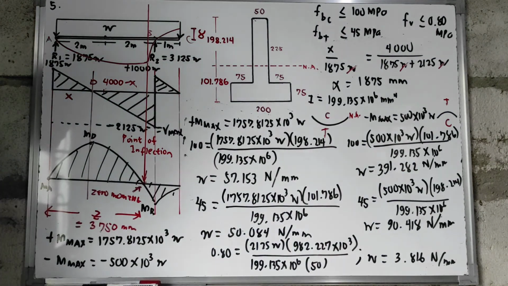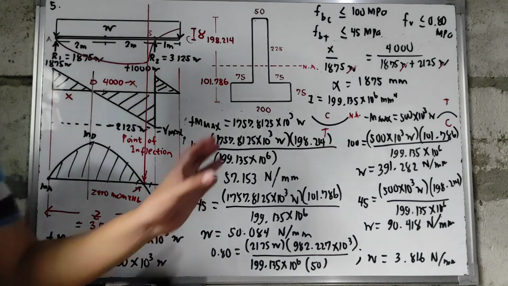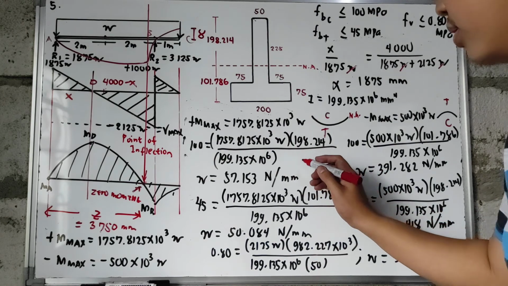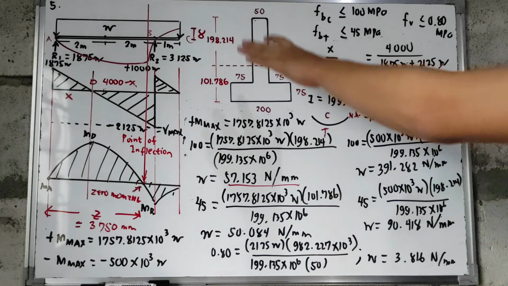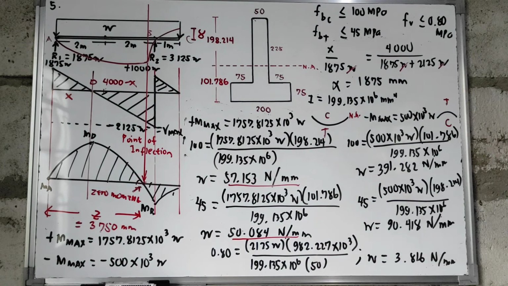So, ano yung i-adapt nating values dyan? Okay? Kapag compare muna natin etong values natin sa positive moment natin at saka sa negative moment. So for this example, meron tayo dito na 57.153 on the tension side sa positive moment and 50.084 naman sa compression side, versus 391.282 at saka 90.418.